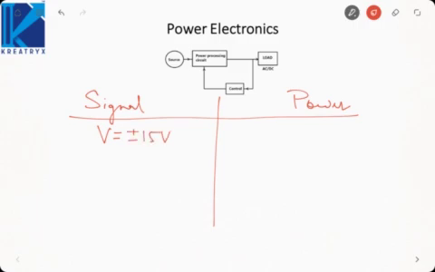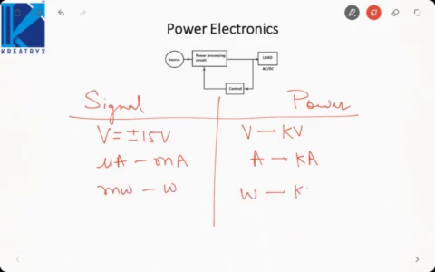Here, the voltage in power electronics is in the order of kilovolts. And here the current is from microampere to milliampere. Here the current is from ampere to kiloampere. Here power is from milliwatt to watt. Here power is from watt to kilowatt.